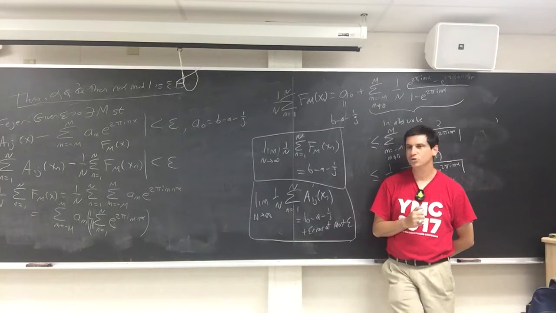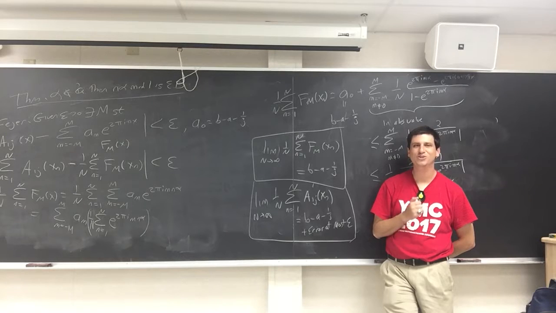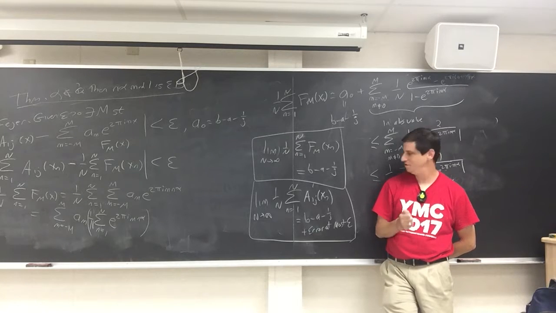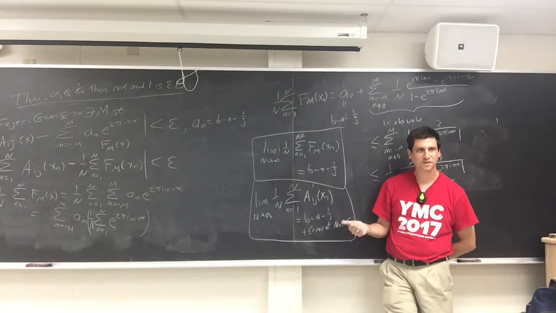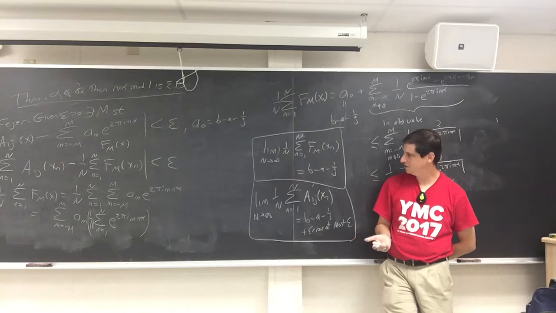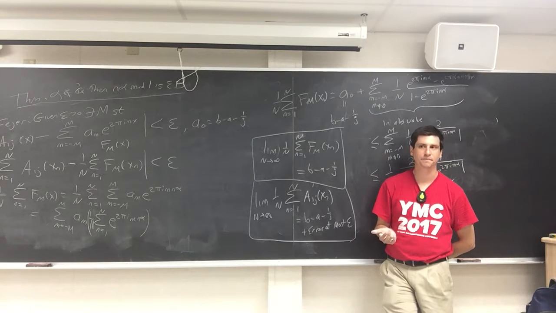Okay? So what makes this proof a little bit involved is we have a lot of different things that we're fixing. We're first fixing a j, then we're fixing an epsilon, we're fixing an m, but m is actually defined by the epsilon.